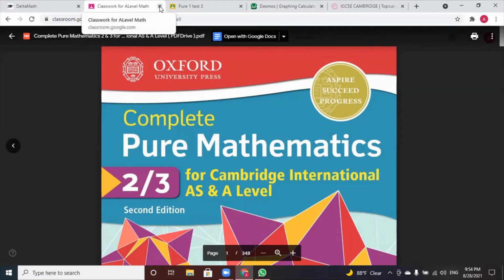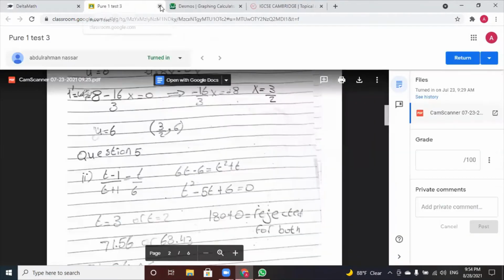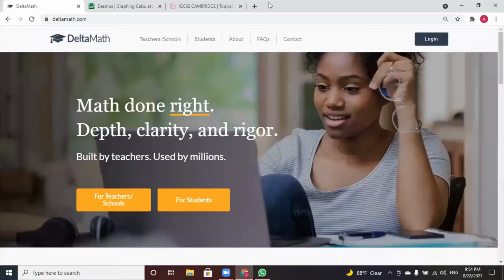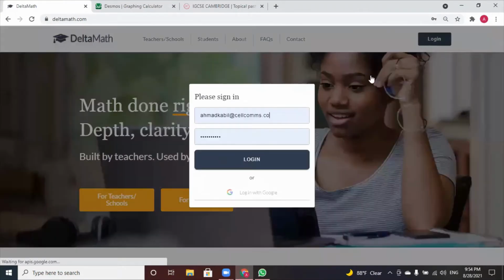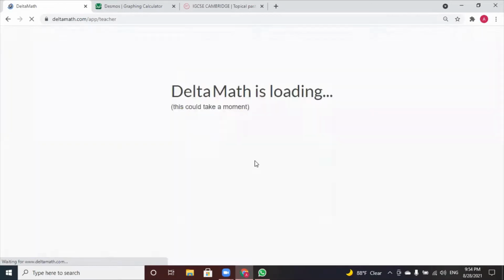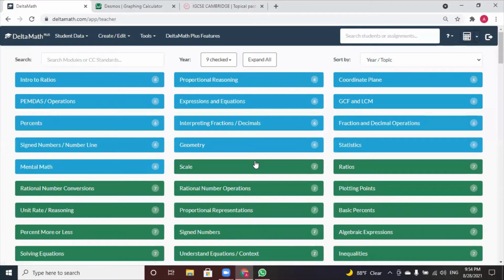The second and equally important tool that I use is Delta Math. Delta Math is a very nice website that allows me to give students assignments, like practice assignments, and have them solve questions, and I can also check their results. Let me show you how.